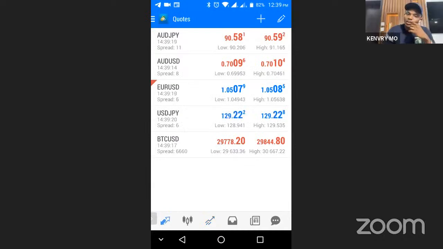All right, so good. So in an Android, this is what you had when you opened, right? This is your demo account, right? Yes, sir. It's a demo account. Okay, good. So to add the pair, that's a plus sign. Click the plus sign, let them see.